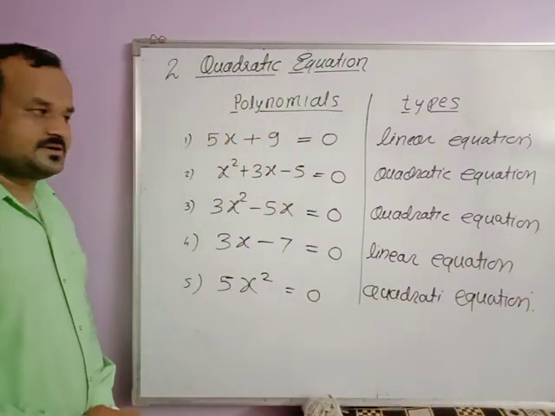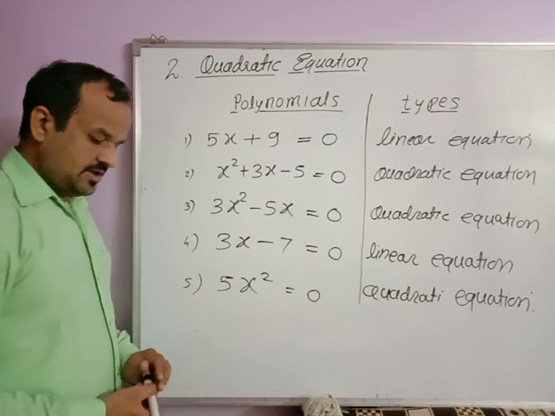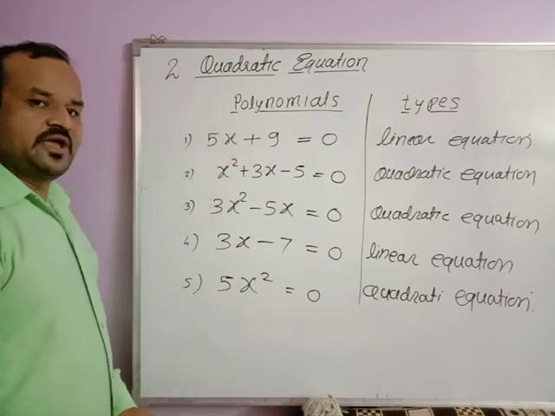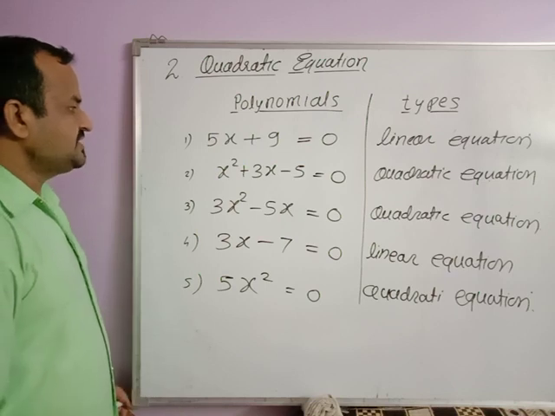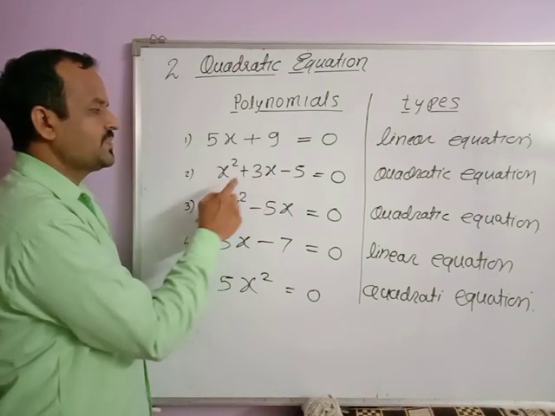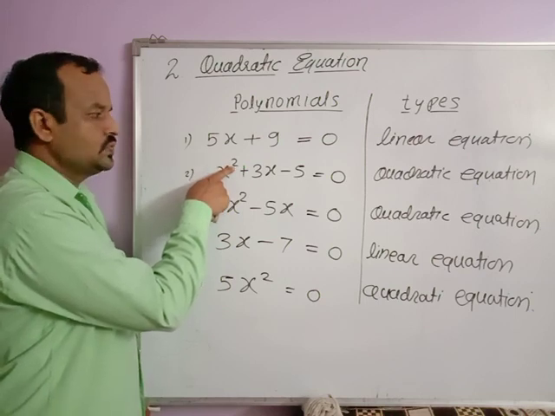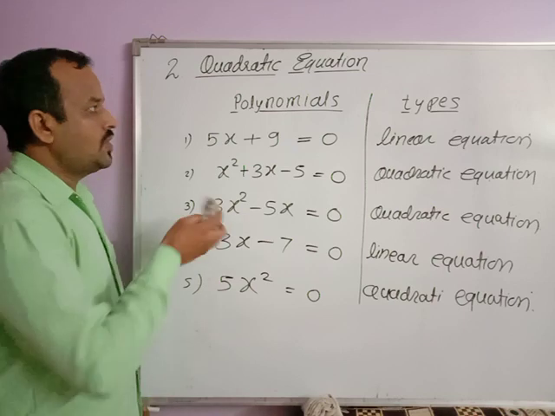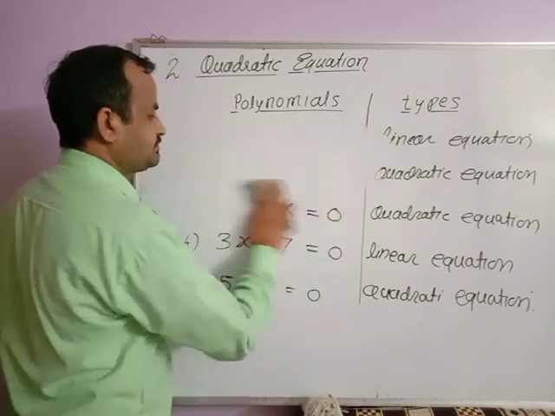Do you understand? It means that, what is a quadratic equation? Any equation which has a single variable and degree 2 is called a quadratic equation.